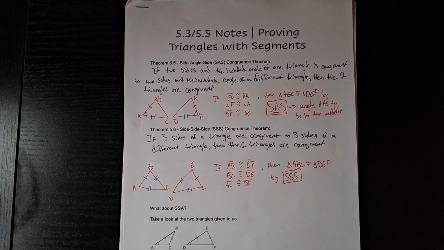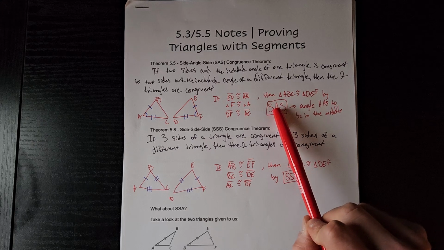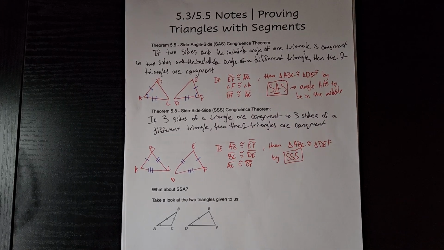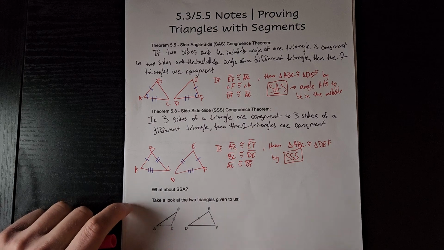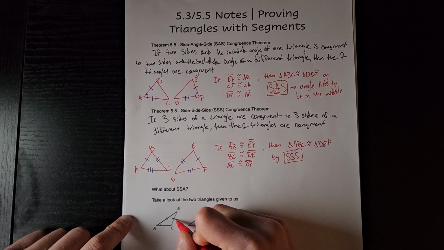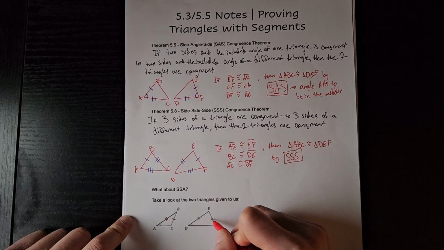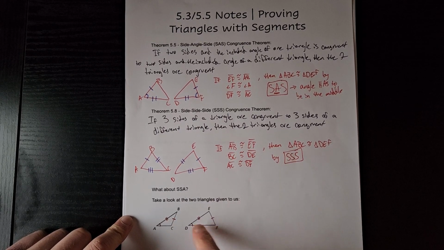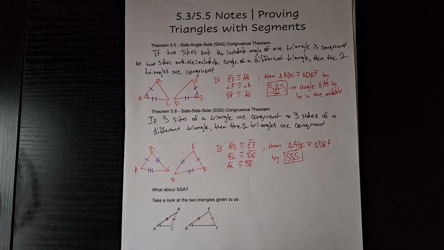But what about the other one that might be different from these two? Like, what if we had the angle on the outside? Would that prove congruency? No, it would not. Look down at this example down here. As you can notice, we have our congruent markings on these triangles with side, side, angle, side, side, angle. But notice the key difference in why this doesn't work.